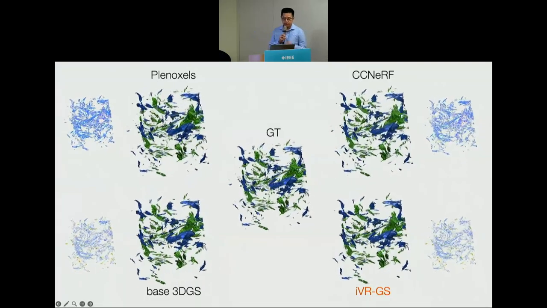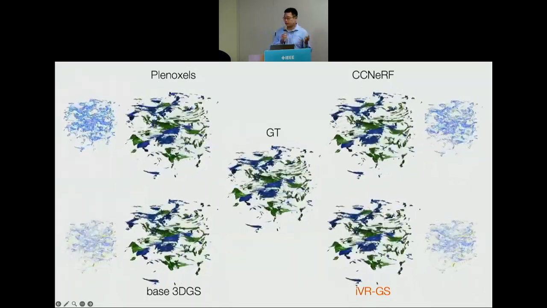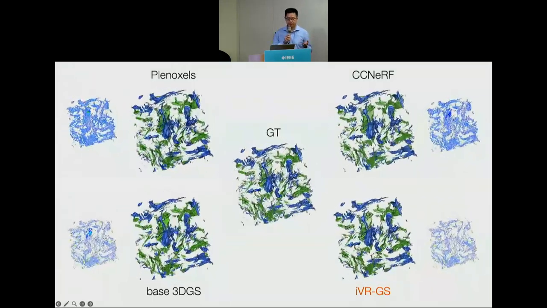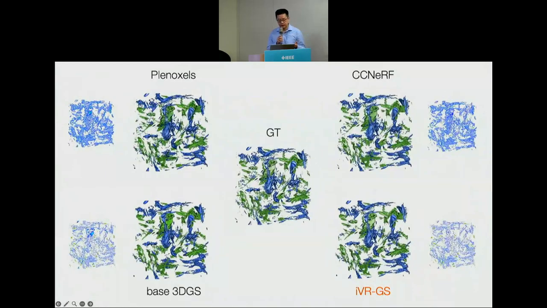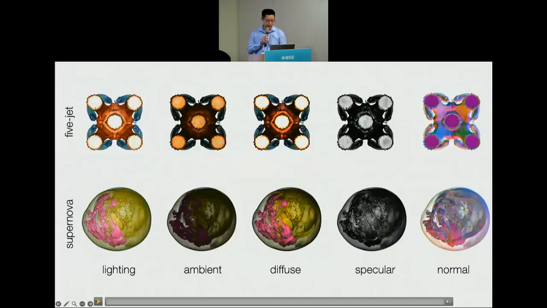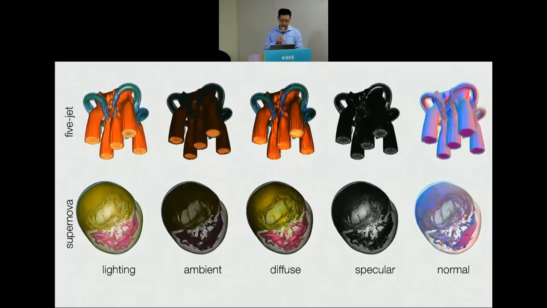Obviously IVR-GS is better than Plenoxels and CCNeRF. It's similar to base 3D-GS, but base 3D-GS can only reconstruct the scene; there's no way to edit it. And here we just show that the lighting part can be decomposed with our models.